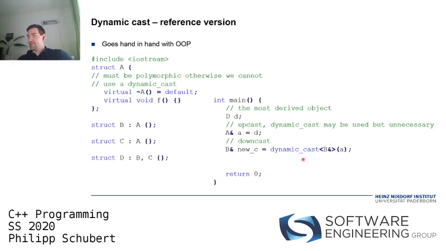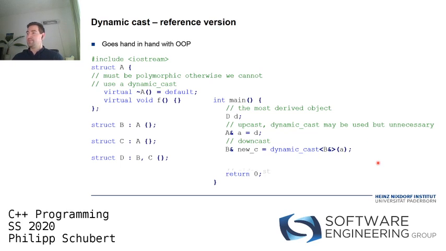The dynamic cast requires us to try to gain more information, and this only really works if the underlying runtime type provides that information. And if it doesn't, the dynamic cast fails, an exception is thrown, because the compiler cannot make up stuff.